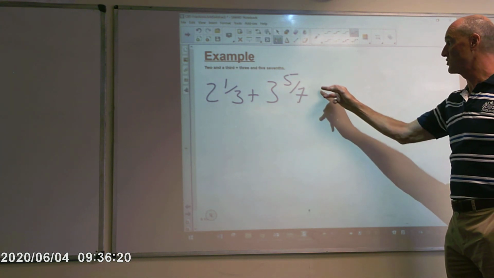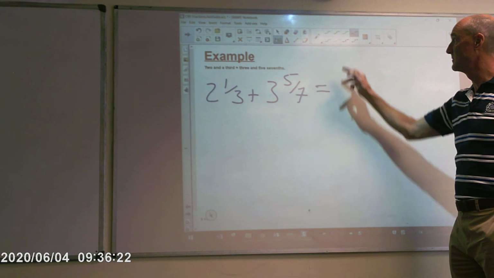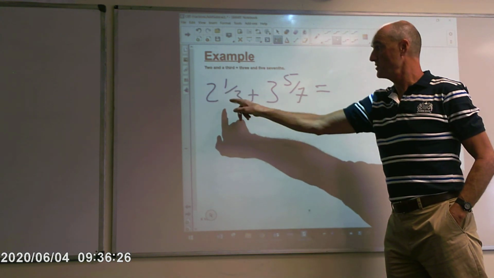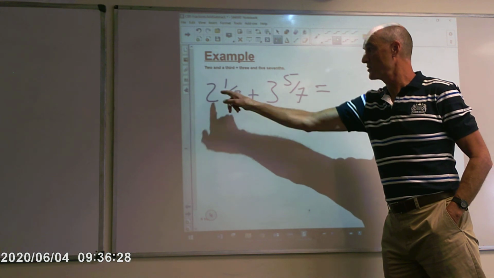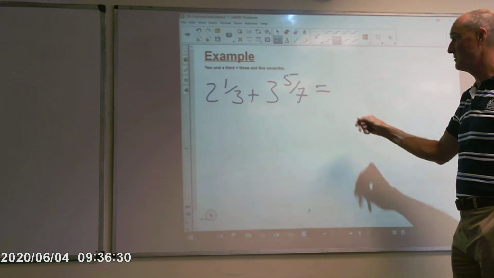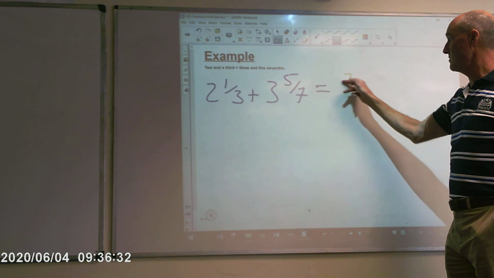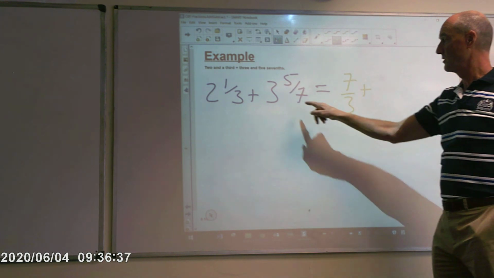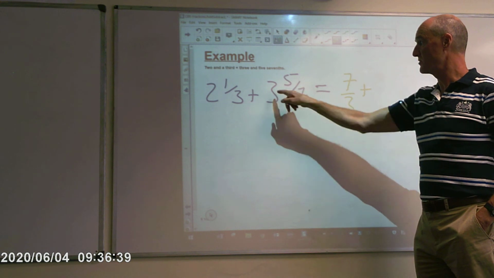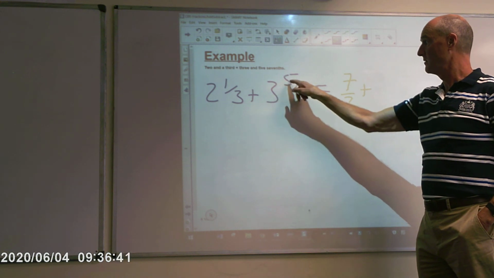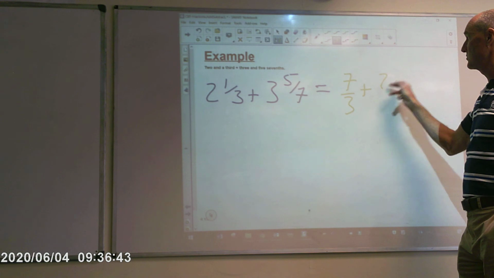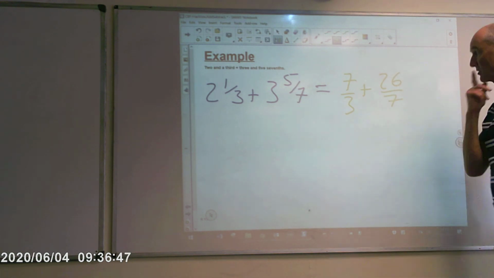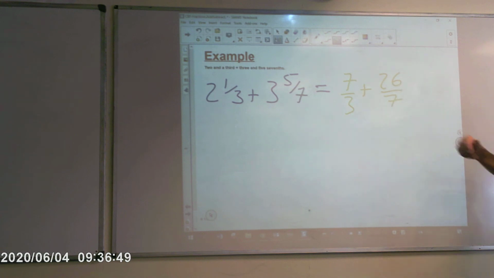Let's make them into top-heavy fractions. So 2 1/3, 3 times 2 is 6, add the one we already had, so we've got 7/3, added to 3 whole ones, 7 times 3 is 21, add the 5, 26/7. Okay, we can't add thirds and sevenths together.